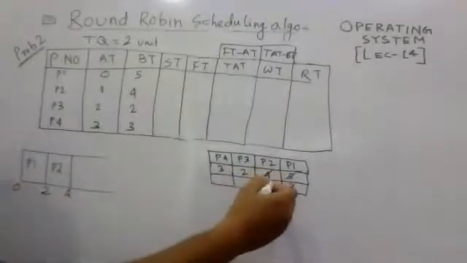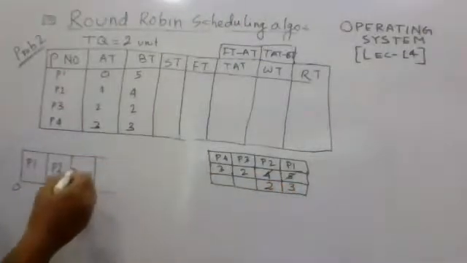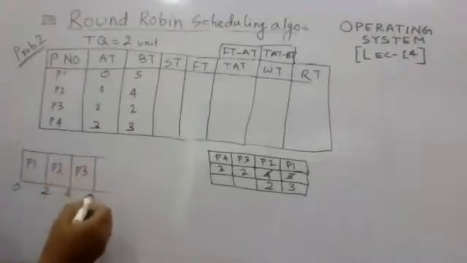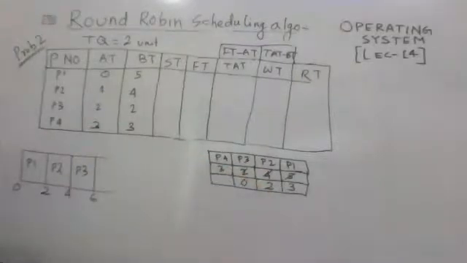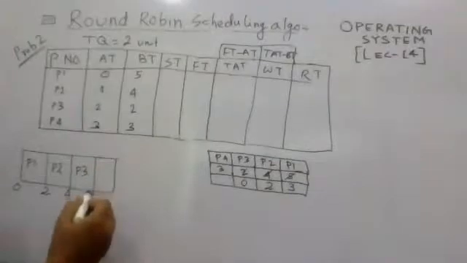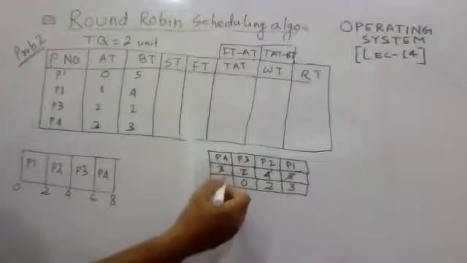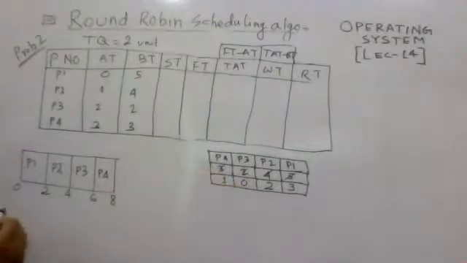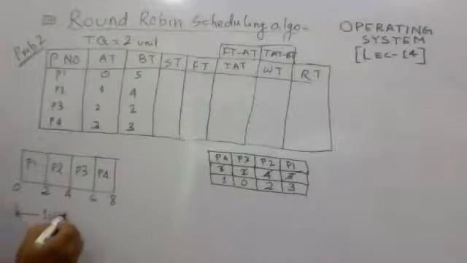So the remaining time is 2. And next we have to assign P3, so this is 6, and P3 actually completed, terminated. Okay, so now we have to assign P4. So this is 8 and this is 1. So this is the first cycle.